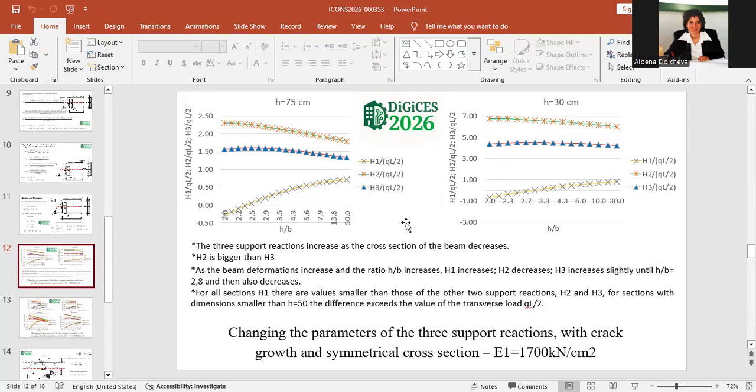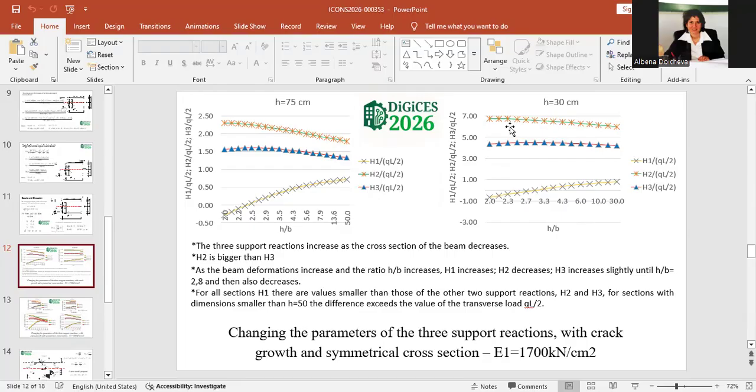For 75 by 75, we can see the parameters of the three support reactions, and for section 30 by 30, the parameters of the three support reactions give us information that H2 is bigger than H3, and H1 is smaller here.